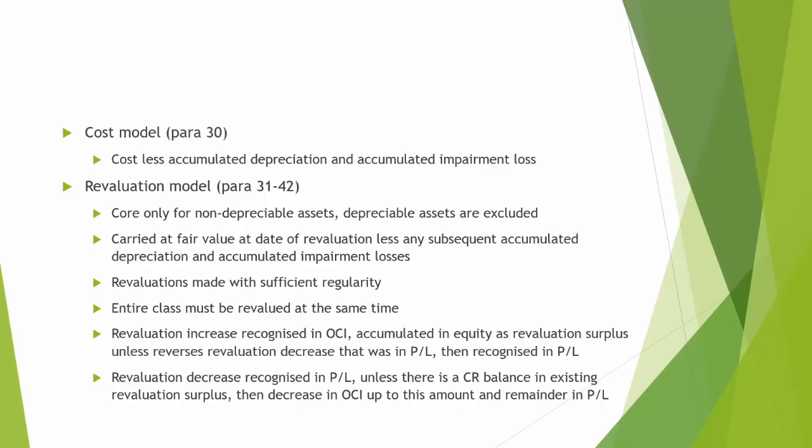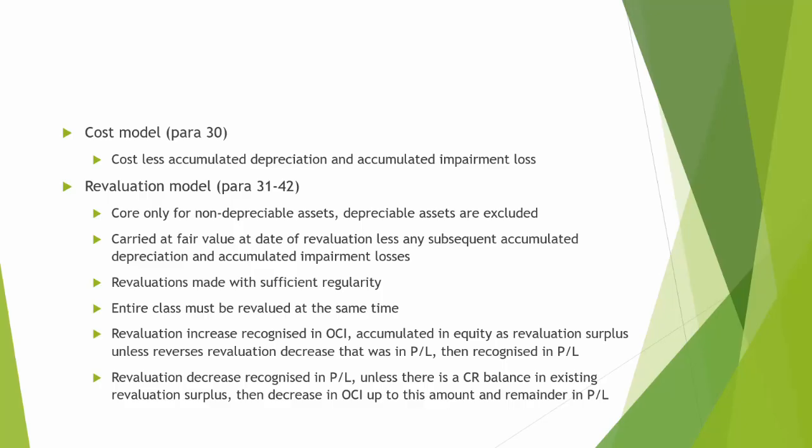Okay, so therefore, from that principle, because we are not taking into account our depreciable assets, there would not be accumulated depreciation, but there might be some impairment losses. So that means that we would carry our land at our fair value, less any impairment losses from before.